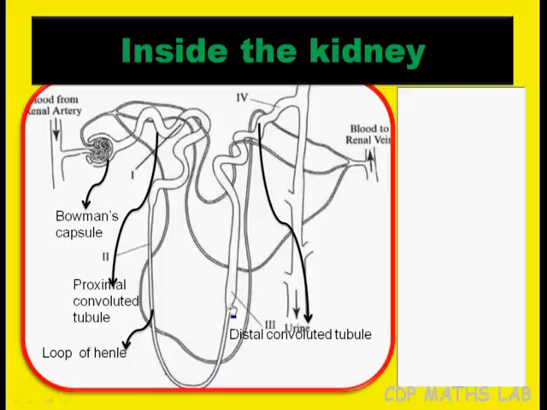Tubule, and then this loop here is called the loop of Henle, and then this curved area is called the distal convoluted what? Tubule, and of course the blood is carried back by the renal vein. Now these little narrow tubes are basically what? The capillaries which branch off from this area right here. It is actually called the glomerulus, right?